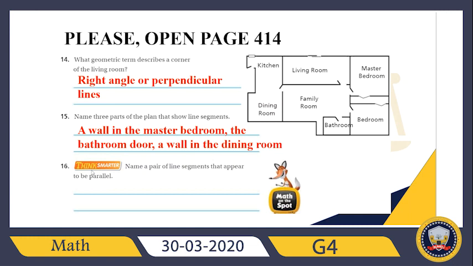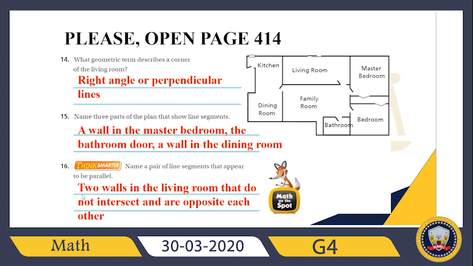Let's check question 16. Name a pair of line segments that appear to be parallel. So you can see so many line segments which are parallel to each other. For example, we say 2 walls in the living room that do not intersect and are opposite each other. Let's check living room. For example, this line segment and this line segment. They never intersect. There is no common point.